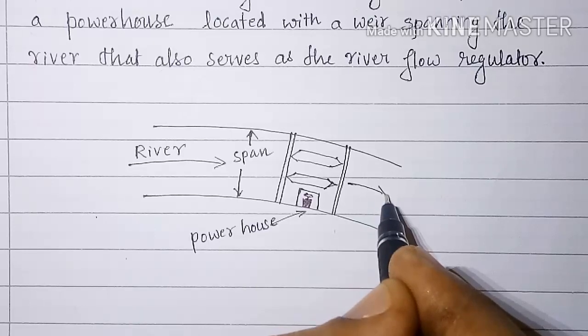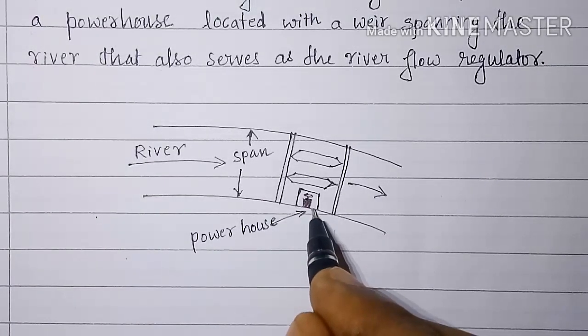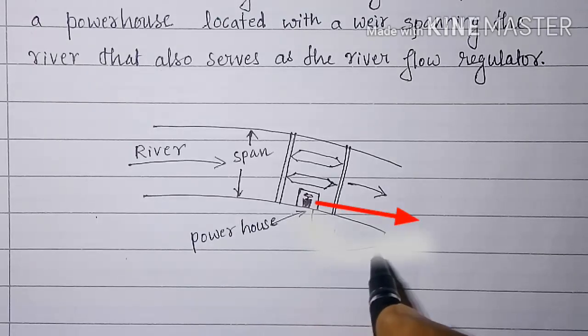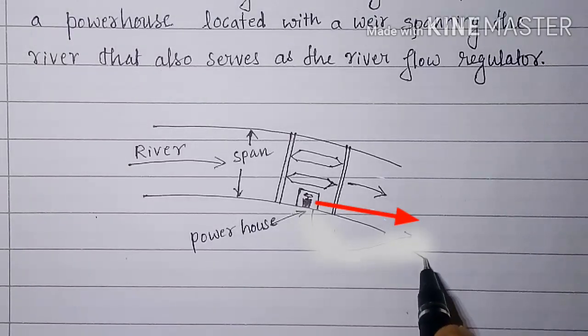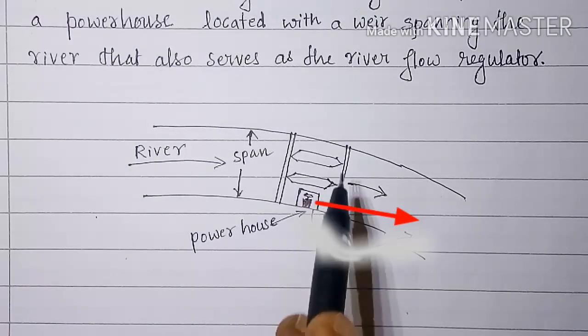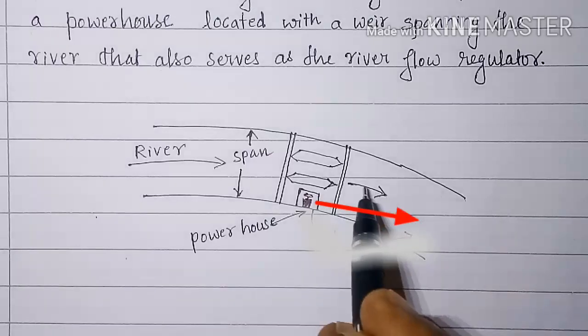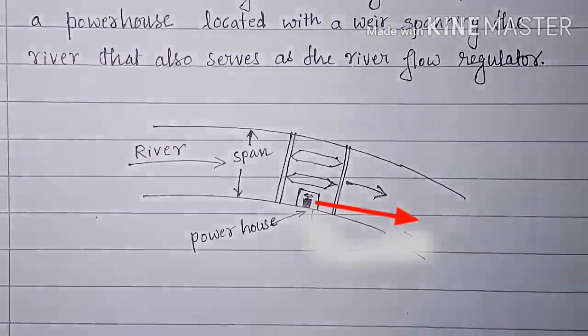Water will generate the power by rotating the turbine, and that water, when comes out of the power plant, may once again be given to the river, and the water that is not taking part in generation of power will keep flowing in its own direction, and this water may be used for irrigation purpose or for the industrial purpose.